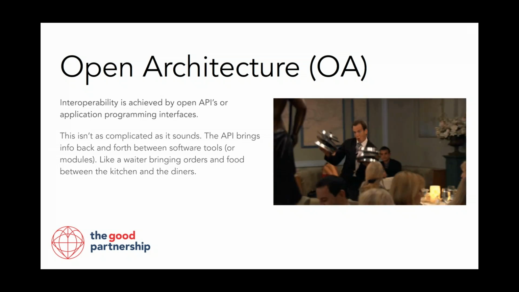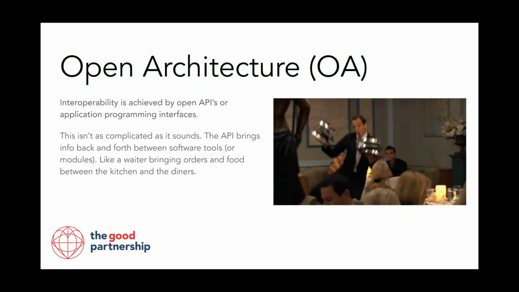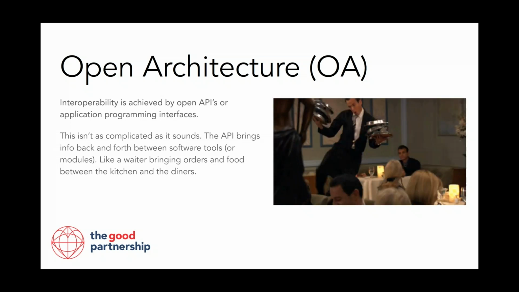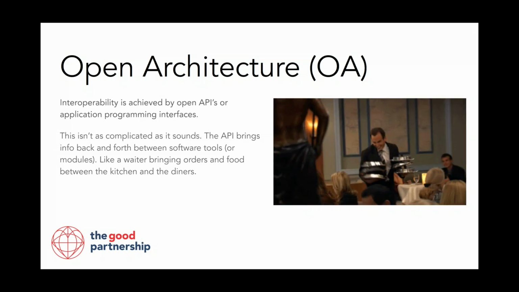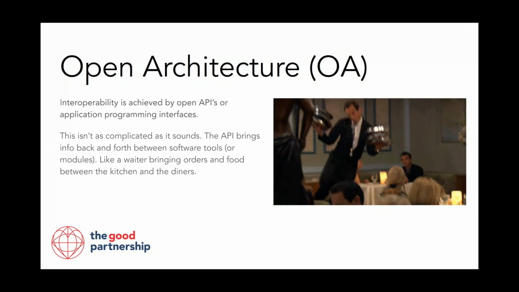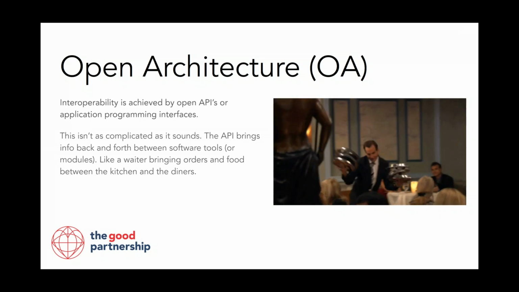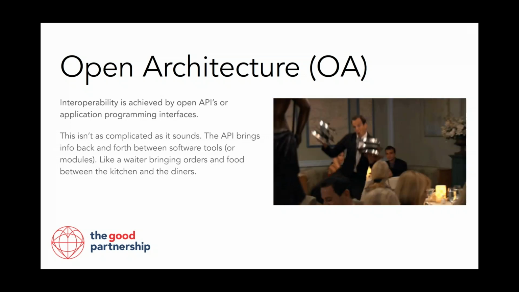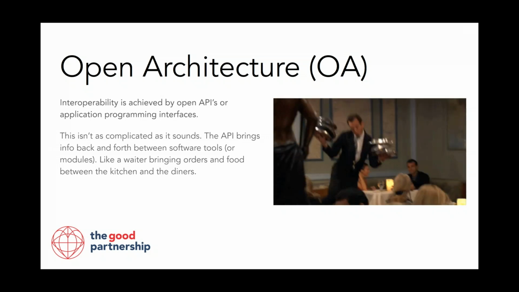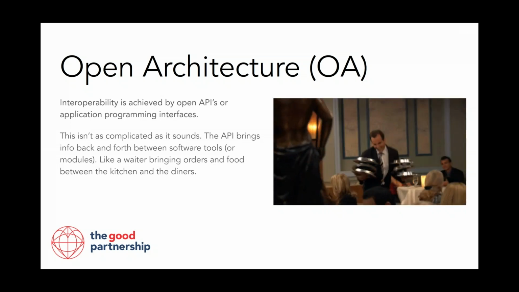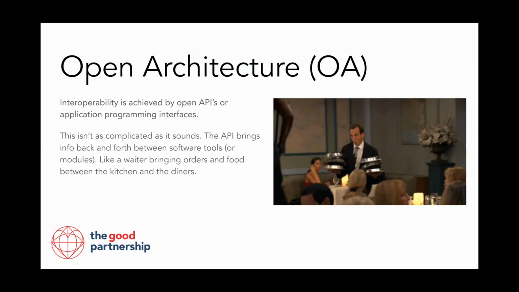For example, Airbnb adding the address of your rental unit to Google Maps is achieved through APIs. The API that Google provides for their maps is open, so that the software developers at Airbnb can say, okay, we understand how to plug our address information into Google Maps, right?